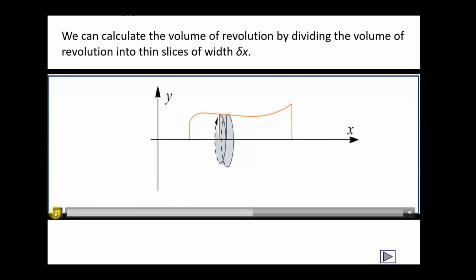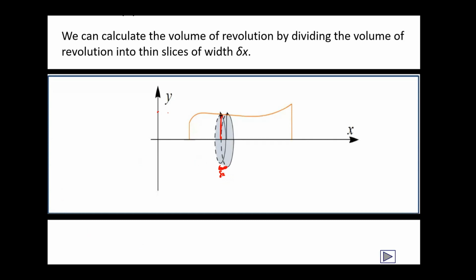This cylinder is such that its radius is the y value of this point here. That would be its radius, and its height would be this thickness of the cylinder, which is a small amount in x. We call this small amount in x dx, a small tiny amount of x.